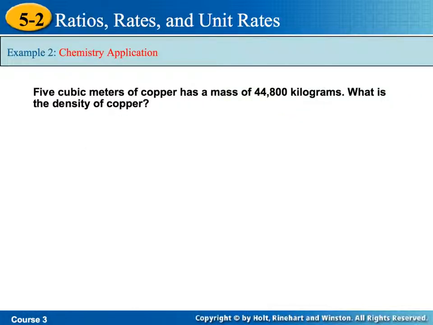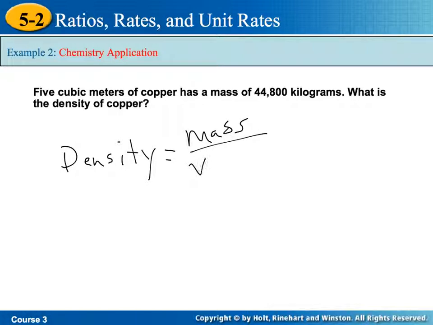Okay, on this one it says 5 cubic meters of copper has a mass of 44,800 kilograms. What is the density of copper? Now, one thing that you need to know is density is equal to your mass over your volume.